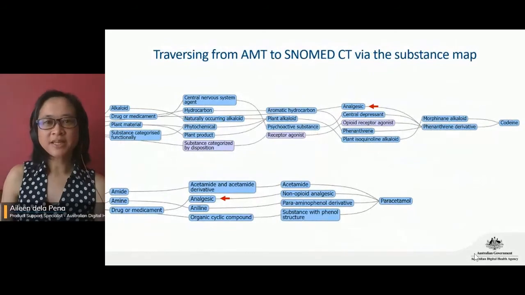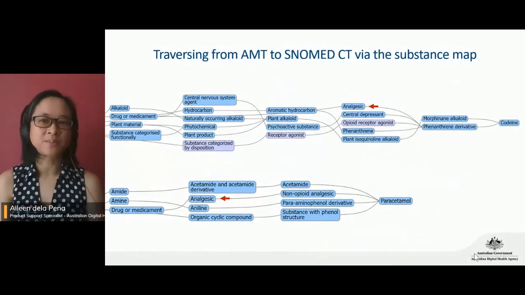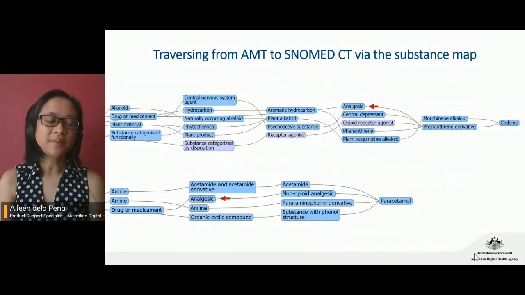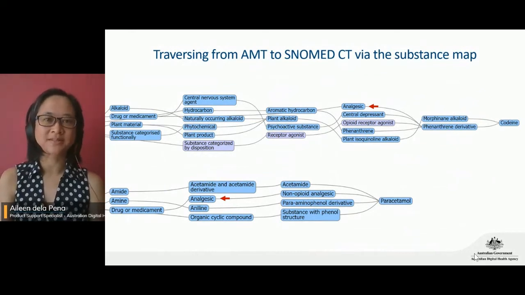So the AMT was developed as an independent module from SNOMED CT core, and that meant that the product concepts had to be defined by the concepts authored within the Australian extension. There are a couple of limitations with this. One is that the SNOMED core content is duplicated within the Australian medicines terminology, and this includes substances.